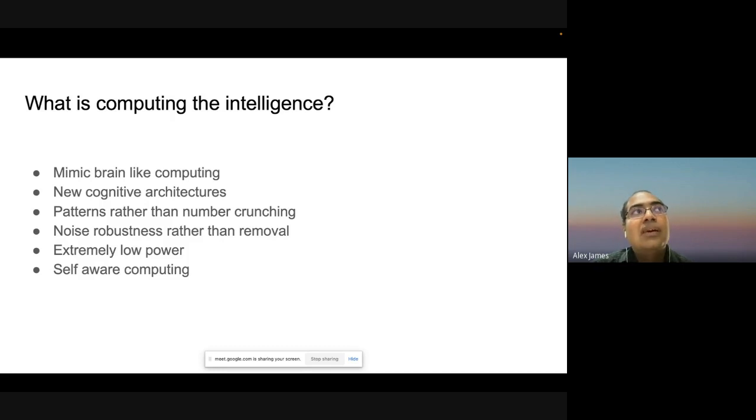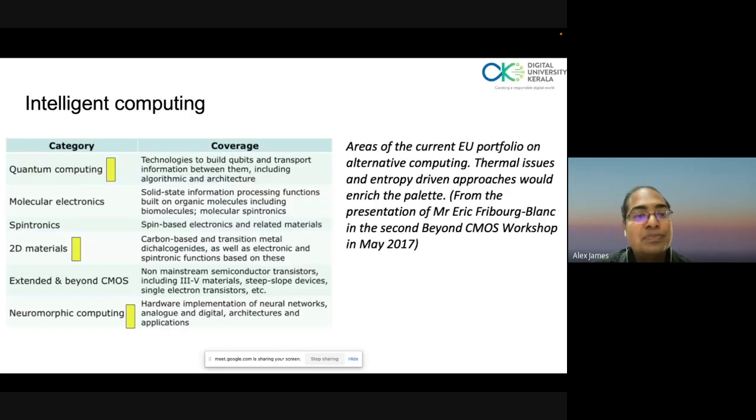So a certain level of self-awareness in what needs to be computed and what does not need to be computed has to be incorporated into the hardware system itself. There are many ways in which you can go about it.